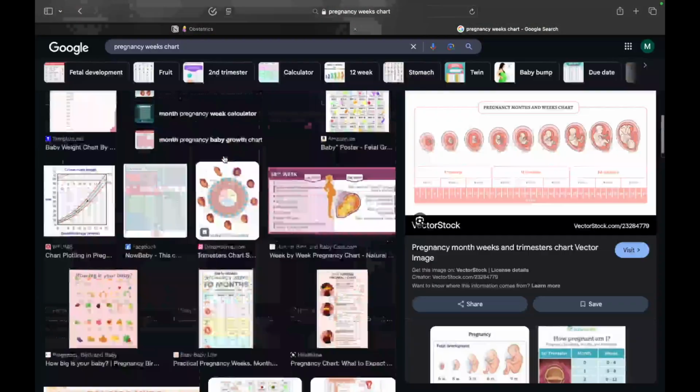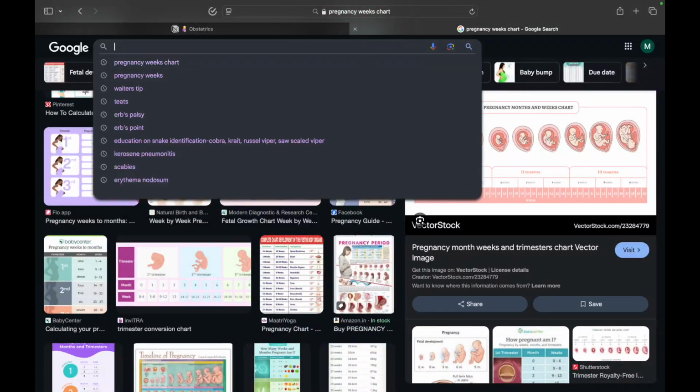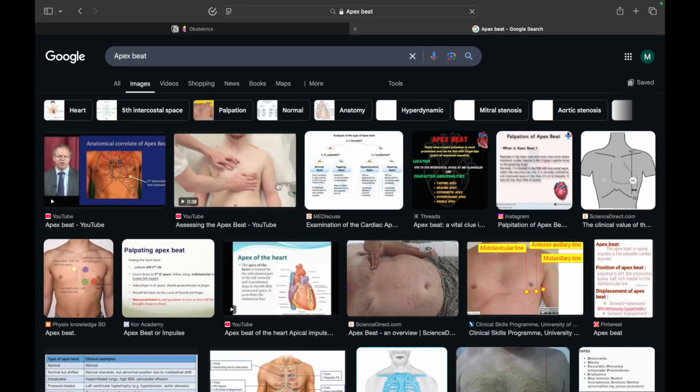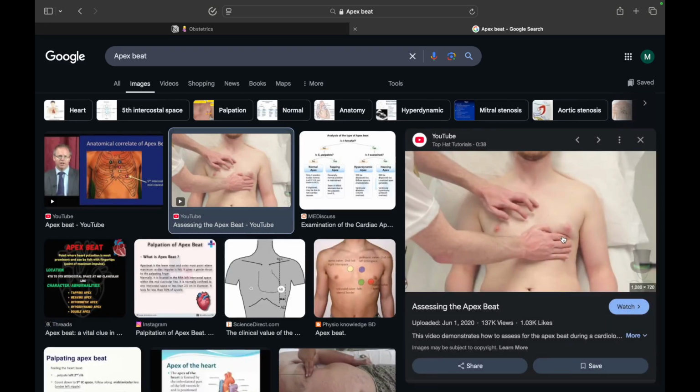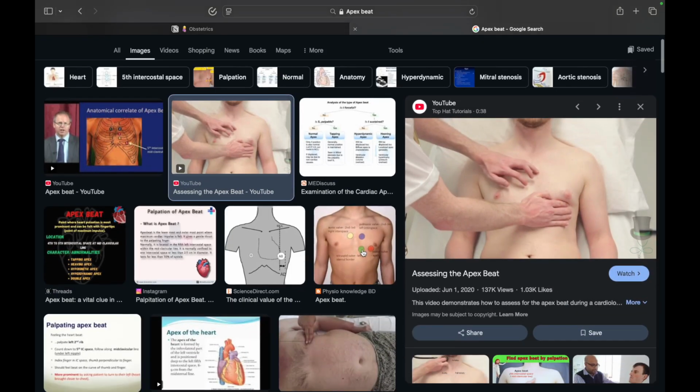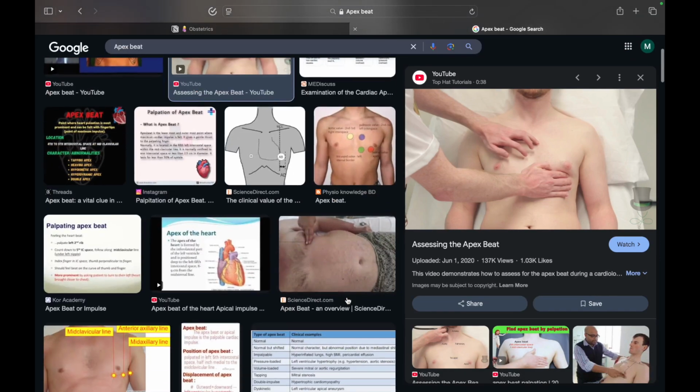Let's look at some diagram, because we are tired of looking at words. So we can look at the apex beat. Usually it is in this region. Let's see some nice image.